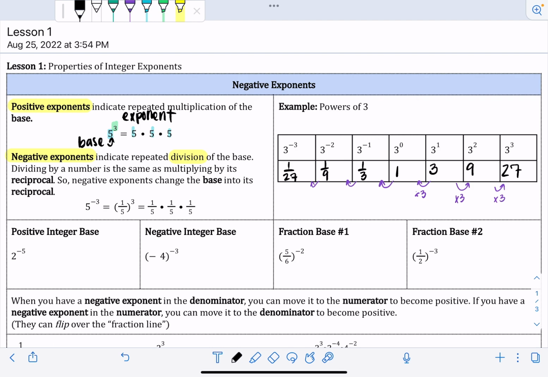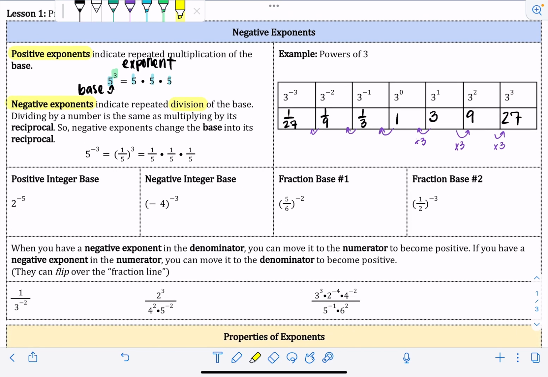Notice the relationship between the numbers on this table. 3 squared was 9, and 3 to the negative second power was 1/9. So it's the same number, just the reciprocal. And 3 to the third power is 27, while 3 to the negative third power is 1/27. I'm getting the same value, just the reciprocal of the original one.